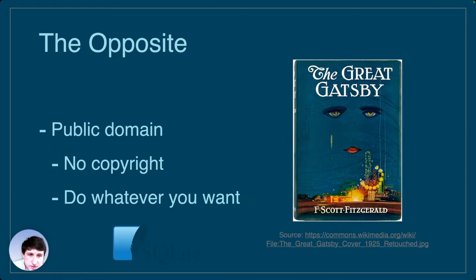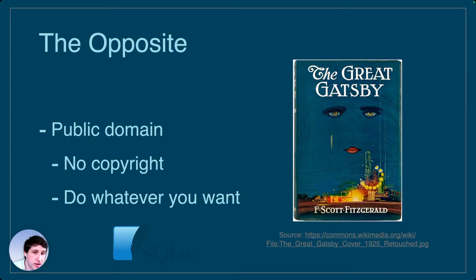Now, there is something: copyright does end, and you can also decide not to have the copyright to something, and that's called public domain. So standard copyright in the United States is 95 years. After 95 years, for example, a novel that was written in the 1920s is now becoming public domain, meaning that anybody can do literally whatever they want with it.